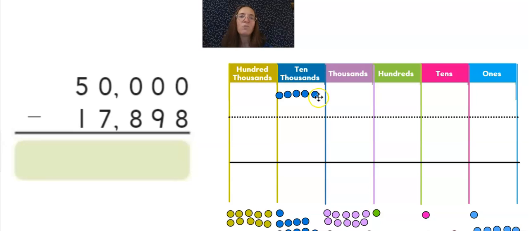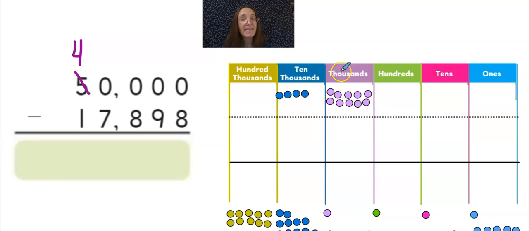So I'm going to have to take away one of those 10,000s and trade it in for 10 single thousands. Now what that will look like on your board is this. I took away one 10,000, leaving me with 4, and that gives me 10 single thousands. And I'm going to squeeze here, and here's why. I know I have to do some more regrouping.